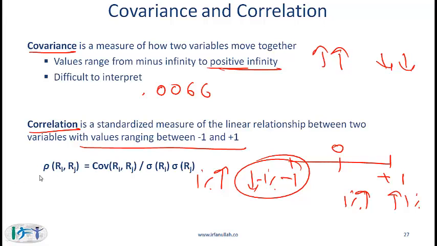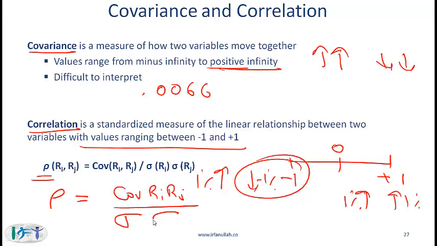The formula for calculating correlation, and this symbol is the symbol for correlation: correlation is equal to the covariance between the returns on the two stocks divided by the standard deviation of the return on the first stock multiplied by the standard deviation of the return on the second stock. So you need to remember this formula.